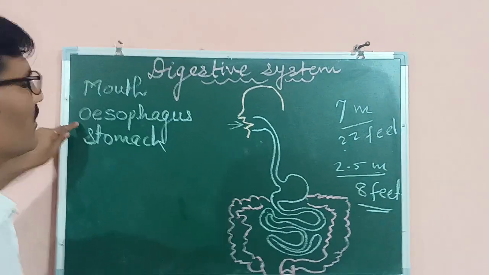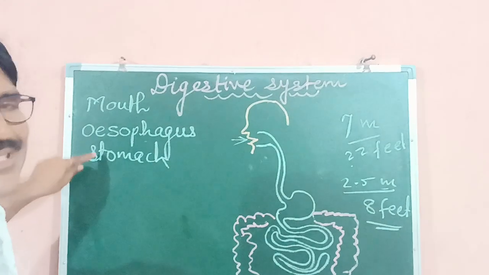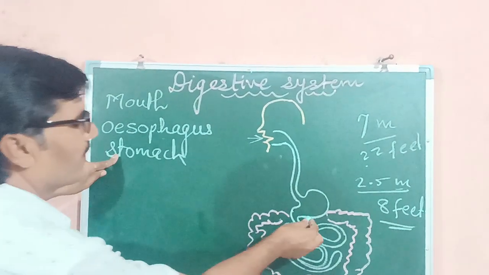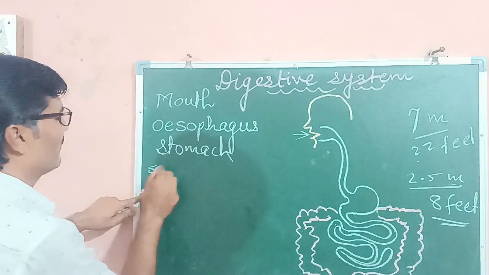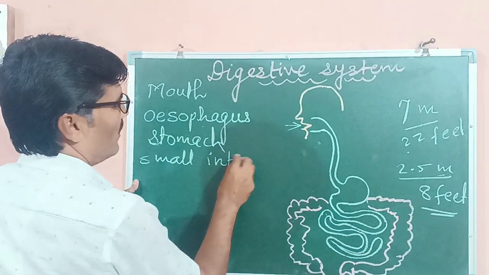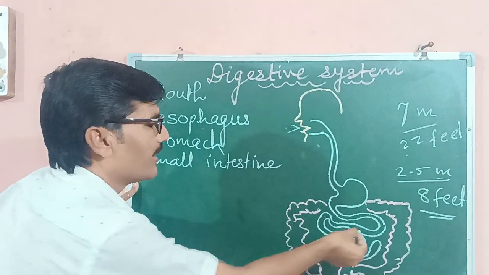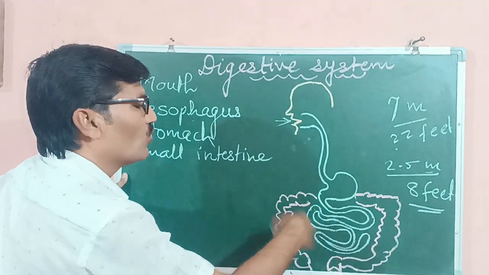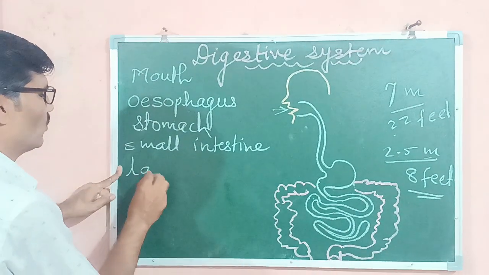So mouth, esophagus, stomach. After that, small intestine, and the outward side is large intestine. Okay.